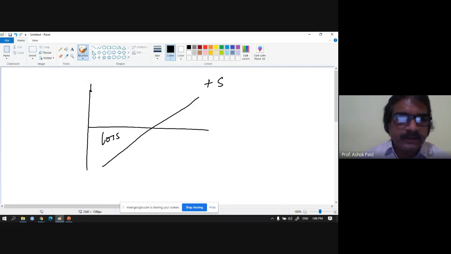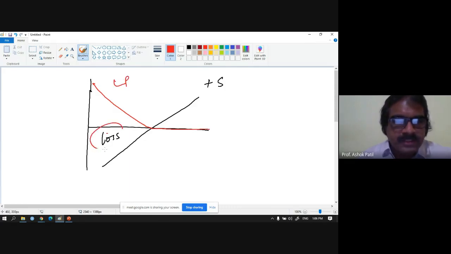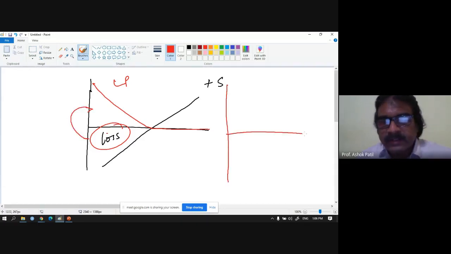Which product can I get so that it can compensate the loss here? I can see that my long put is like that. So I will choose the long put, because I don't want this loss here; the loss is compensated by profit here.